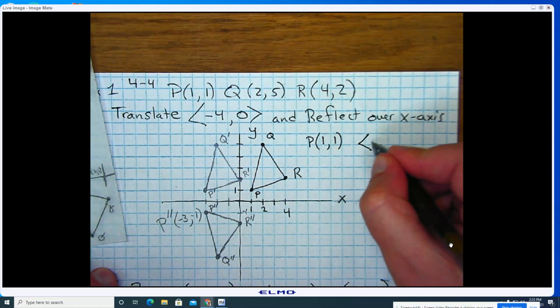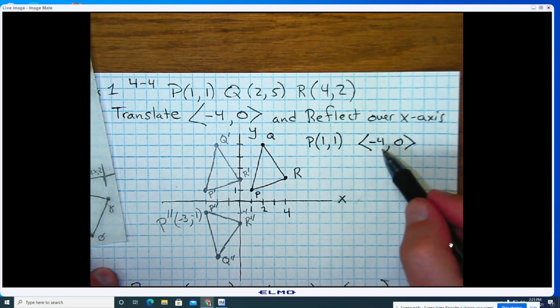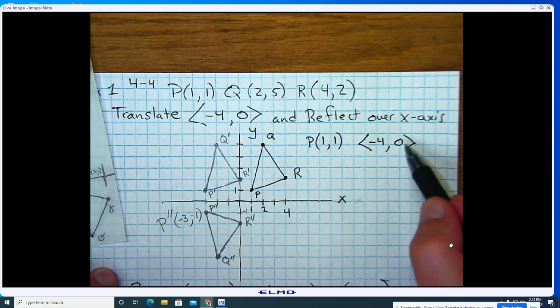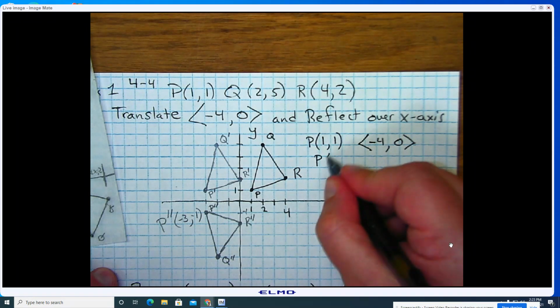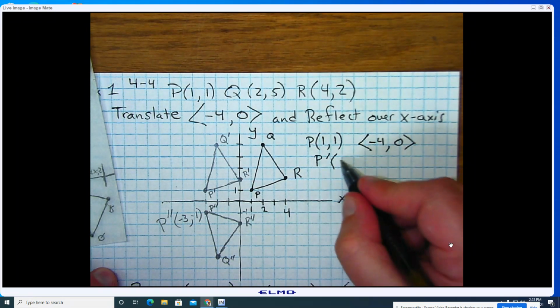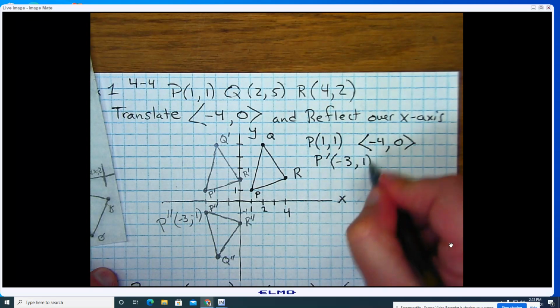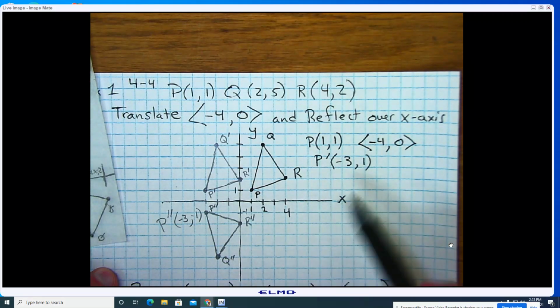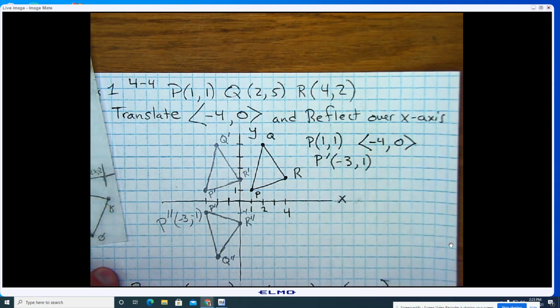So I'm going to move it by -4, 0. So that's -4 applied to the 1 and 0 applied to the other one. So this now becomes P prime, which is equal to -3, 1 plus 0 is 1. So let's look. Does that land where P prime is? -1, -2, -3, 1. Yes.